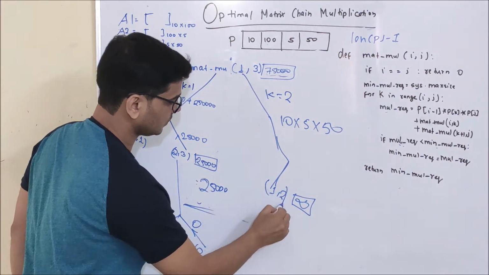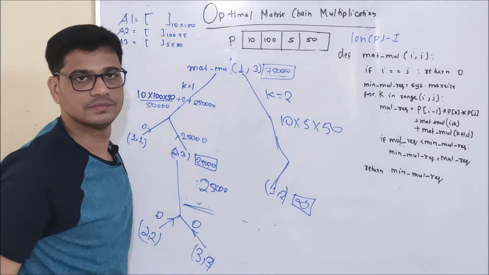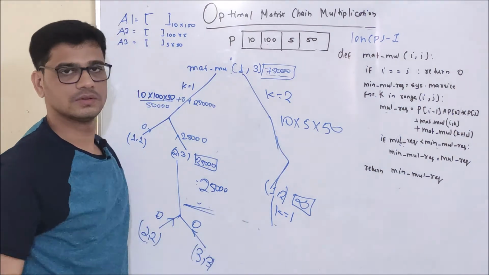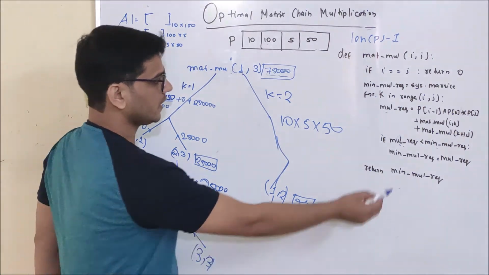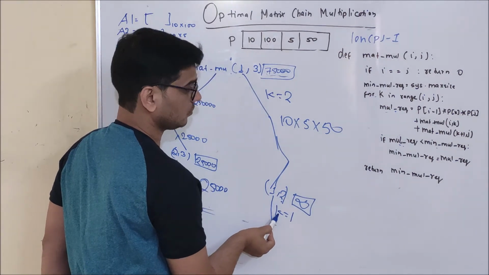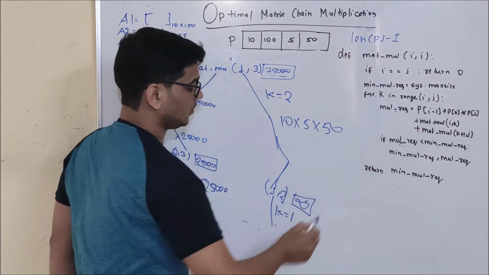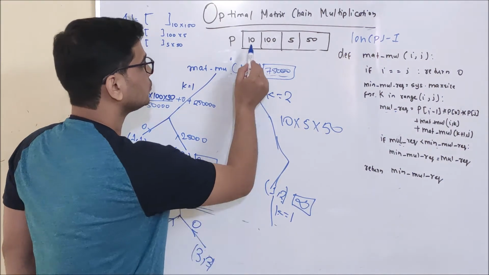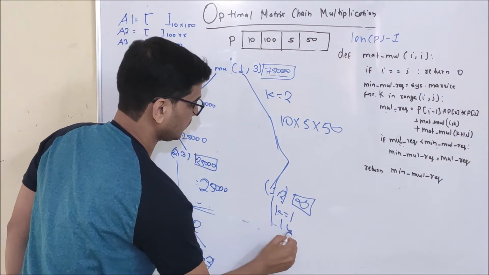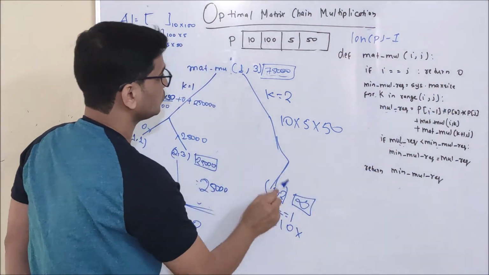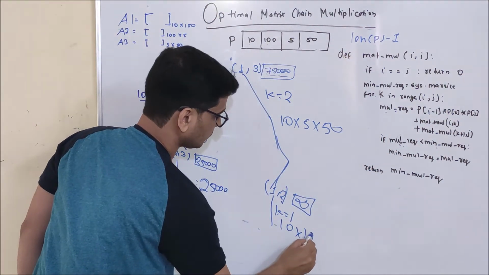So here control will come and it will execute for k equal to 1. Then this variable will be created for this particular function and k equal to 1. This thing will be calculated, p i minus 1. So p0, 10 into pk, k is 1, so 100.